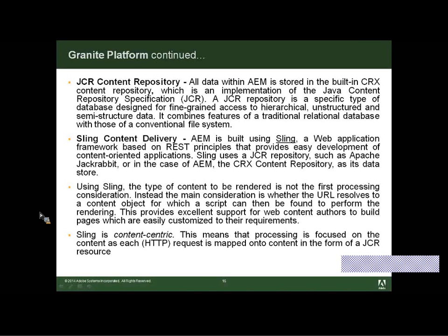So Sling is content centric. This means that processing is focused on content, and each HTTP request is mapped onto content in the form of a JCR resource. So based on the URL you are giving, the content will be fetched from the JCR.